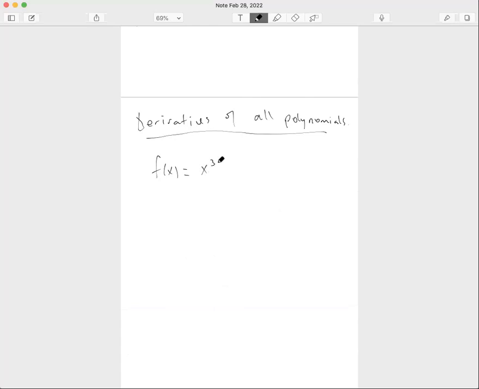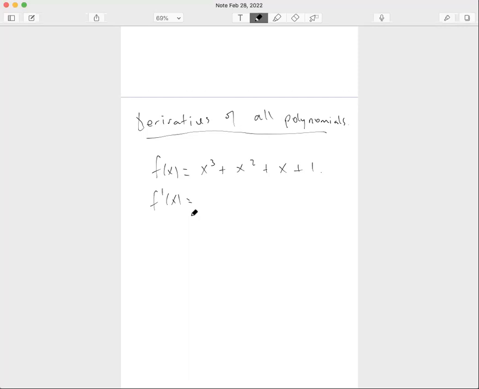If I have x to the third plus x squared plus x plus 1, what is the derivative? We just showed that when I have a sum of things, I can take the derivative of each term.